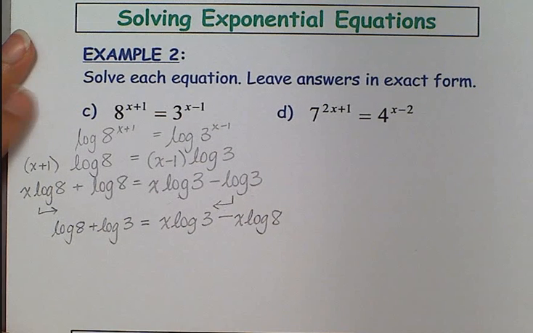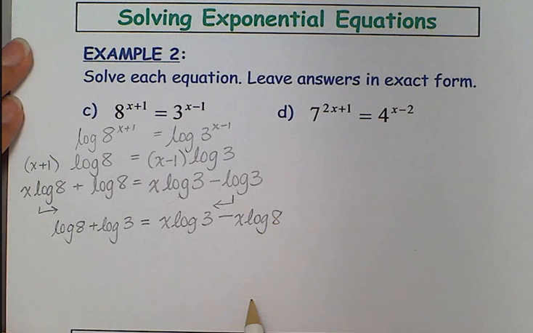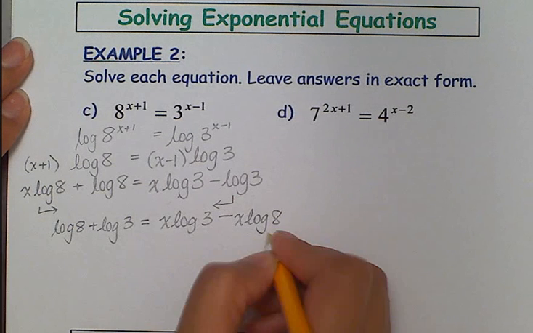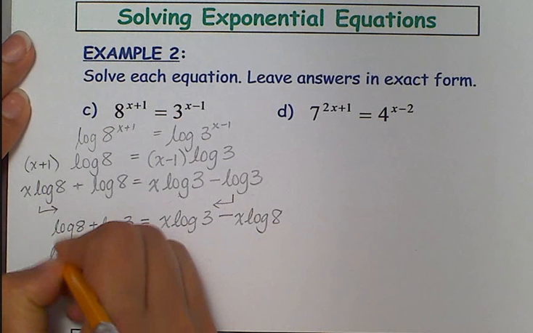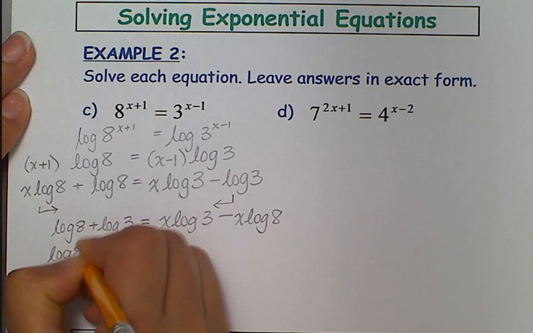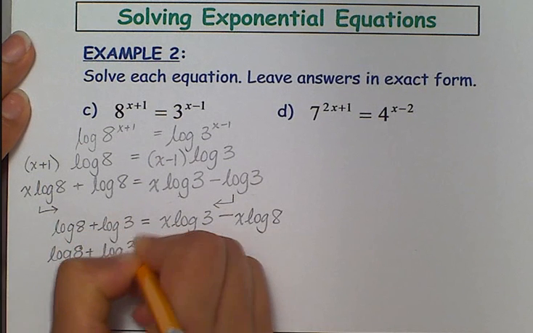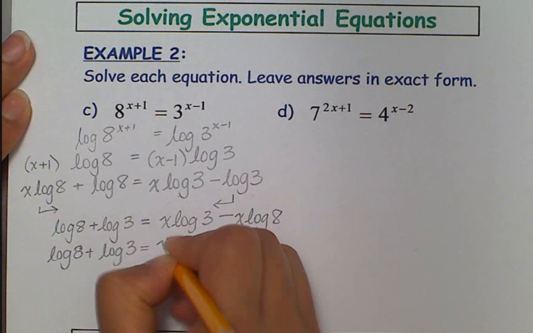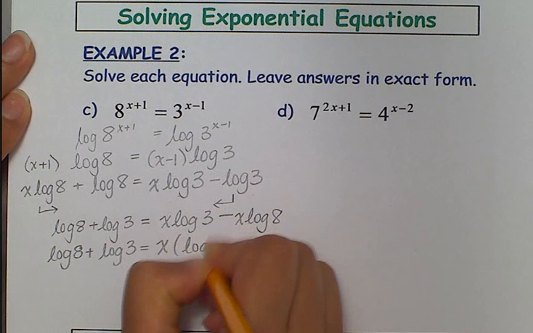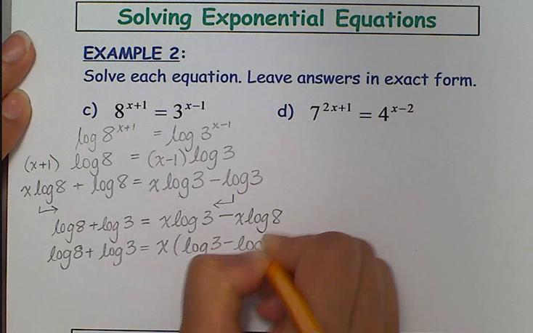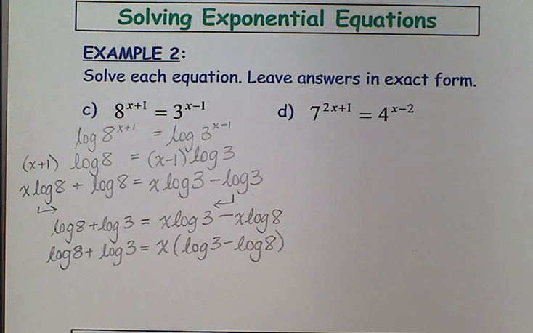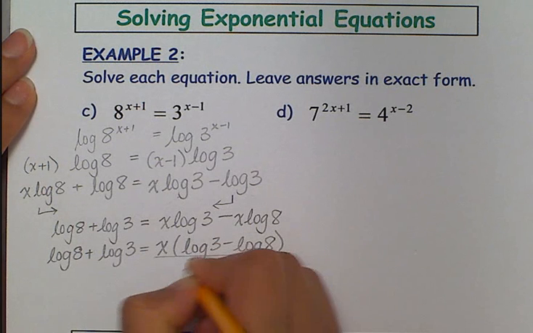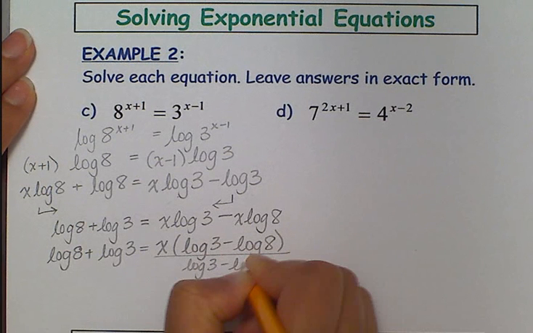And now you'll notice that our variable terms are on the right-hand side, and I can factor out the coefficient here on the right-hand side. So I have a common factor of x, and I'm left with log of 3 minus the log of 8. So all I did on the right-hand side is factor out an x. And now to get x all by itself, I can divide both sides by the log of 3 minus log of 8.